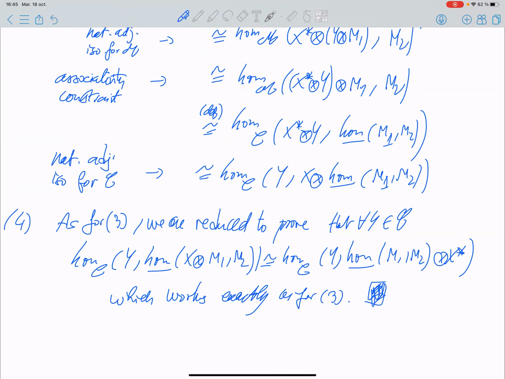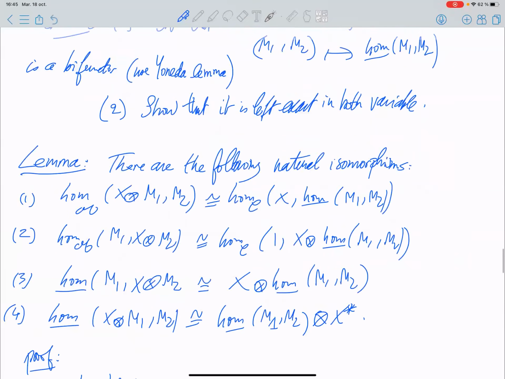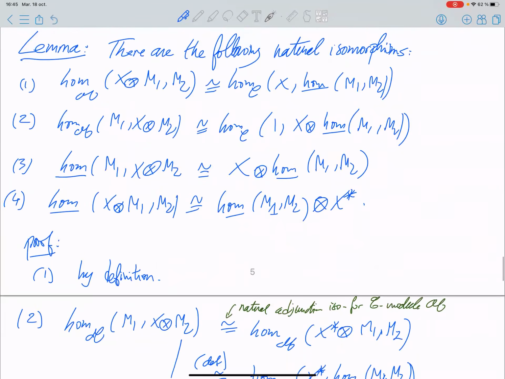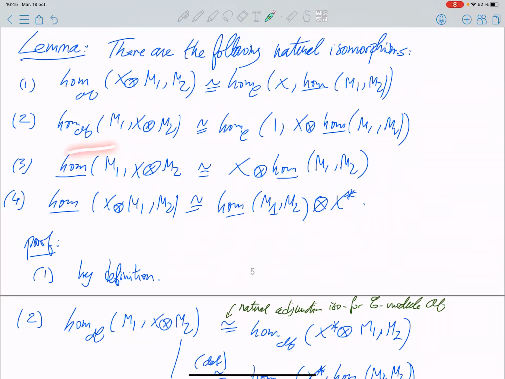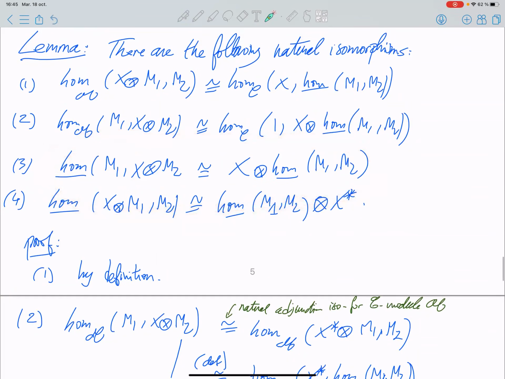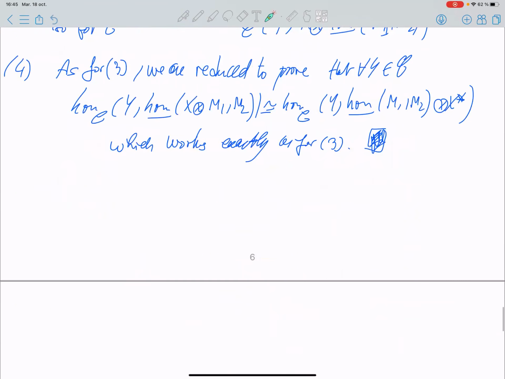So we proved the theorem, the lemma, sorry. And this lemma, we will apply. In fact, we will apply this natural isomorphism to prove something more consistent. Corollary.